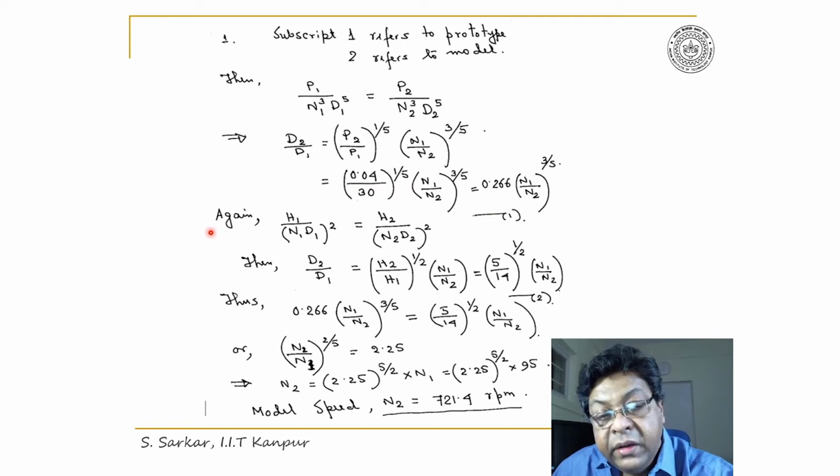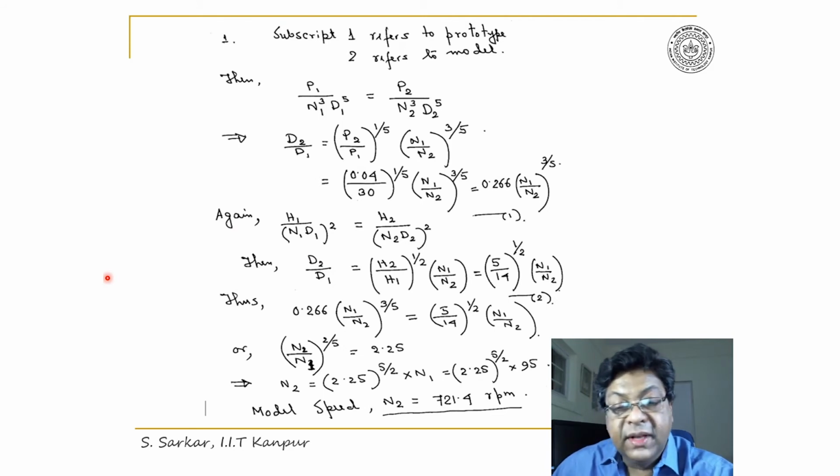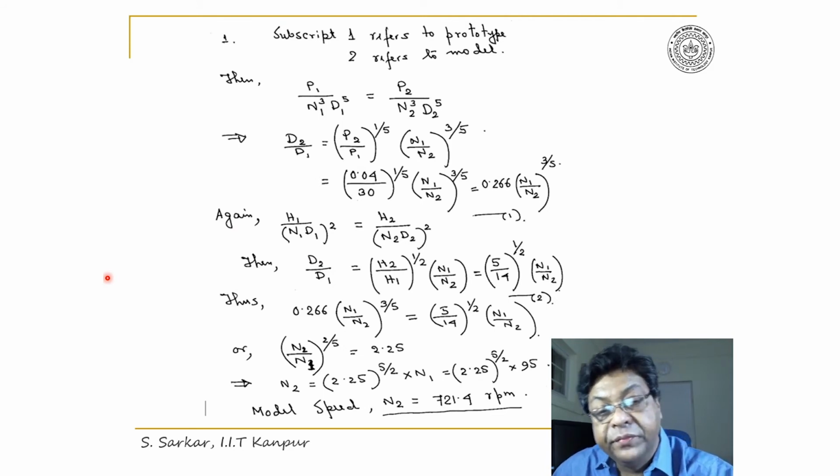Again, if we come from the head rise coefficient, that is H1 by N1 D1 squared is equal to H2 by N2 D2 squared. This is non-dimensional head. For both the model and the prototype it must be the same. Again, with this, I can have a relation between D2 by D1.